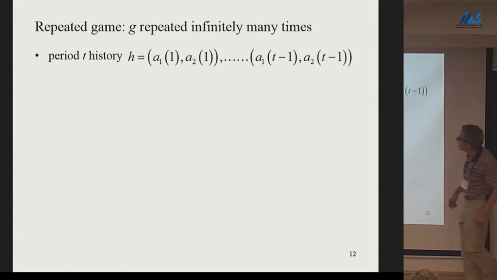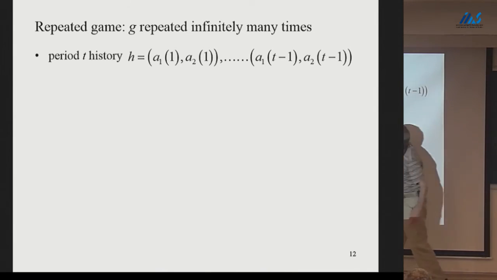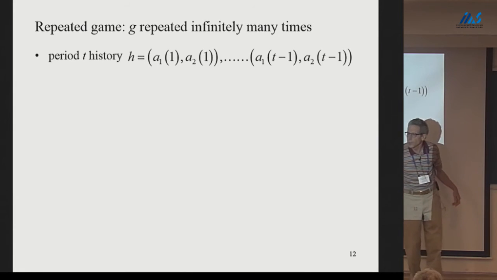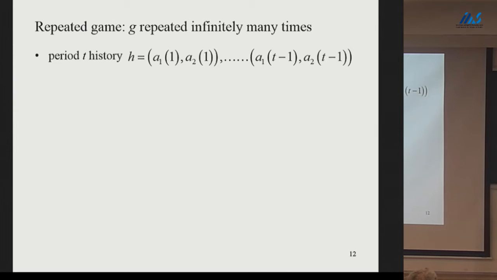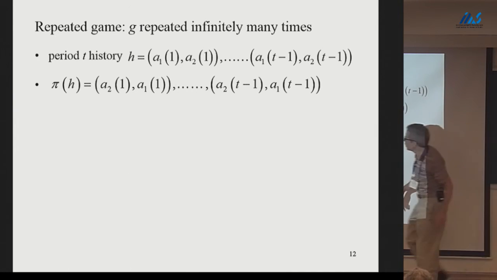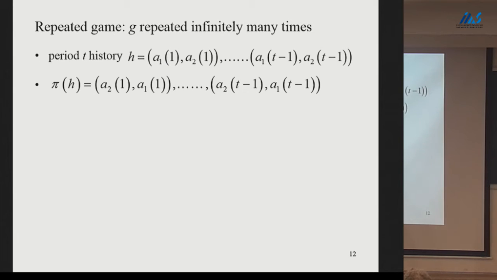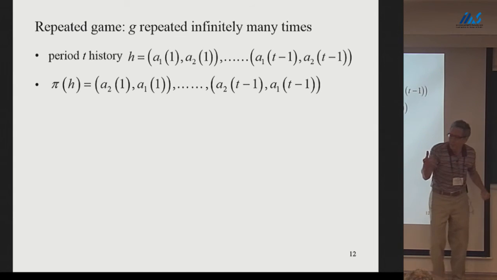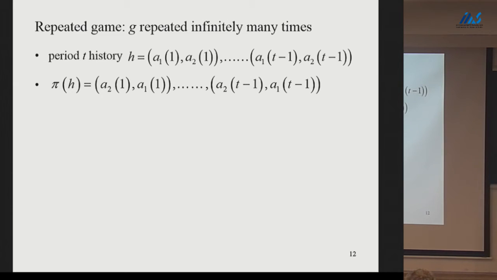Just a piece of notation, at any time t, we'll be interested in the history of the game up to time t, which is just the pairs of actions that have been played in the previous t-1 periods. And I will use the notation pi of h, where h is a history, to denote the mirror image of h, where we've just reversed the 2 components of each pair. So pi of h is h from the other player's point of view.